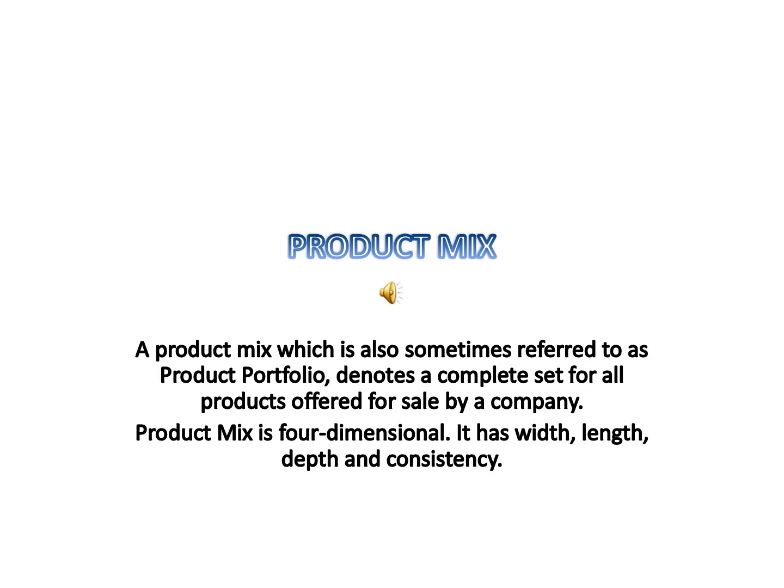So now let's see what is the depth. So the depth refers to the number of variations of each product within a product line. So variations can be in case of sizes, flavors, colors and models. So what variations a particular product line carries is its depth.